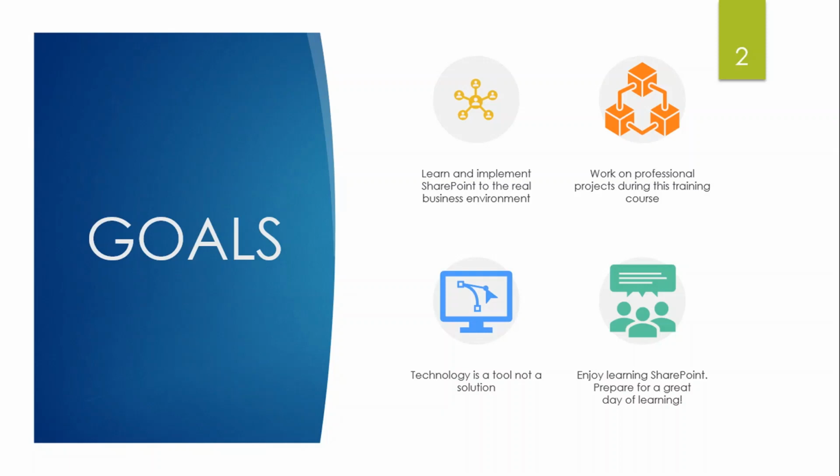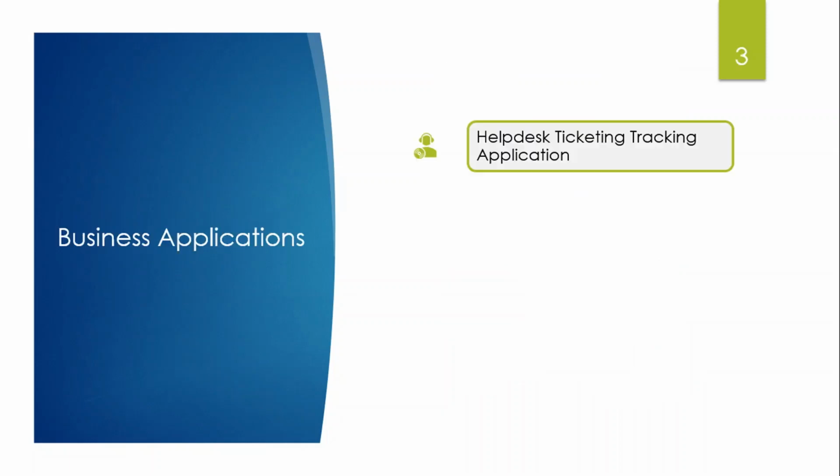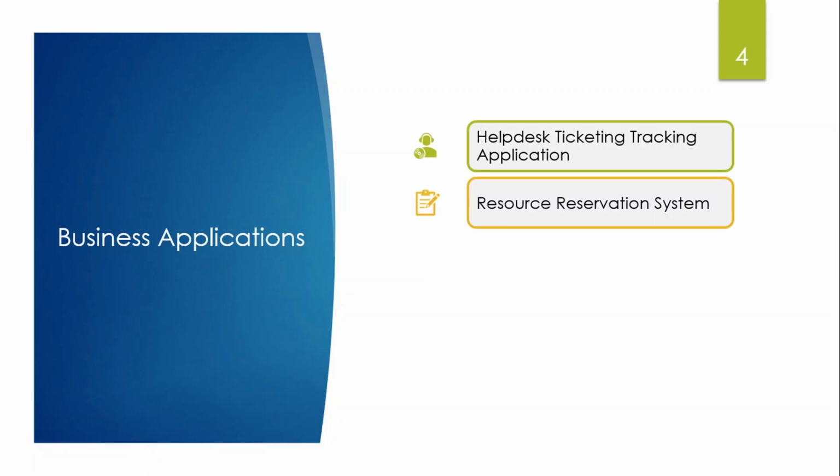During this training, I will avoid using any ABC or XYZ type examples. Instead, we will develop a real help desk ticketing and tracking application for the IT department. We will create a resource reservation system for employees to reserve resources such as meeting rooms, projectors, laptops with special software, and more.